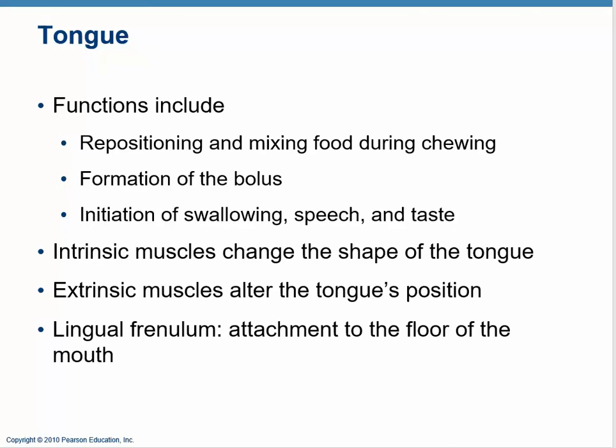The extrinsic muscles are the ones that are actually attached to the hyoid bone and kind of the floor of the mouth, and they are used to protrude the tongue and retrude the tongue. So they alter the position. They move it side to side.